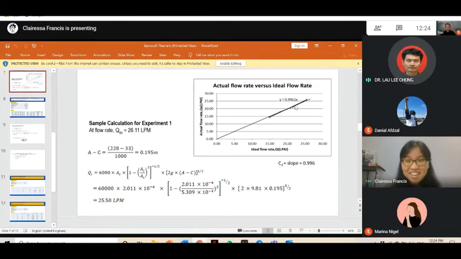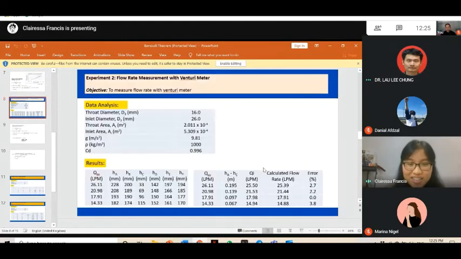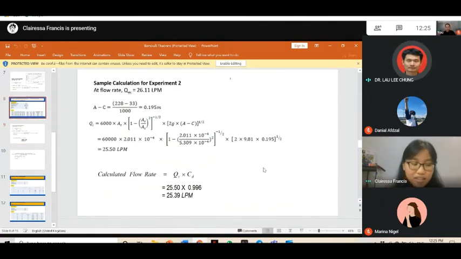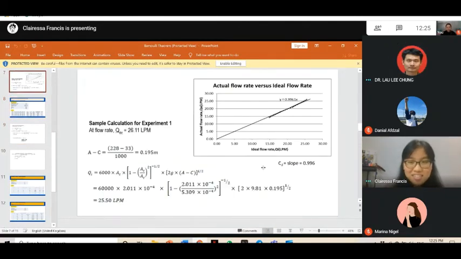Yeah, I know the slope. Why suddenly you show me this slope? That slope is the CD that you obtain in experiment 1. Correct? Yes. So from experiment 1, you already get the CD. Then experiment 2, you are doing something else.